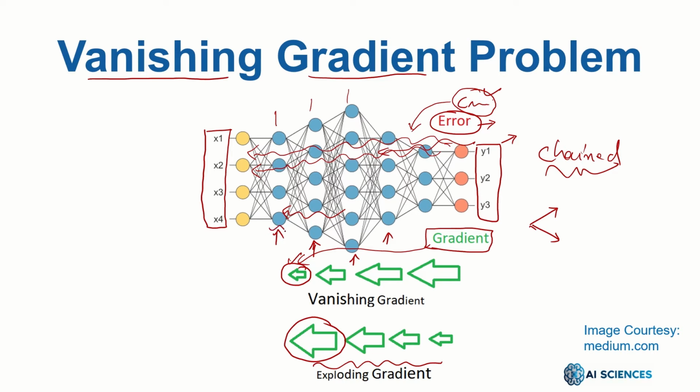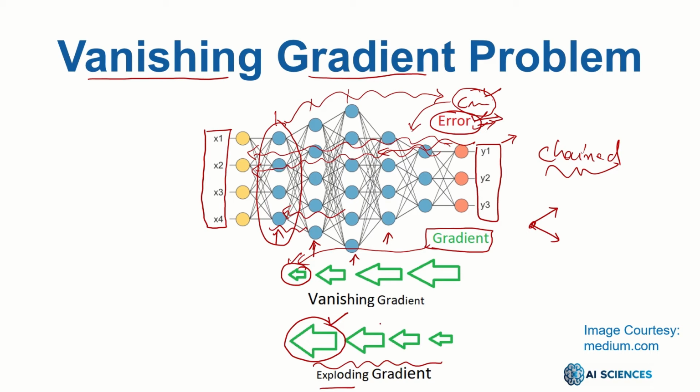The earlier layers do not affect the error function, which means whatever the information is in these layers is not propagated well to the loss function. And in terms of exploding gradient, when the gradient is really large, the training process of finding the minimum error or loss becomes really unstable.